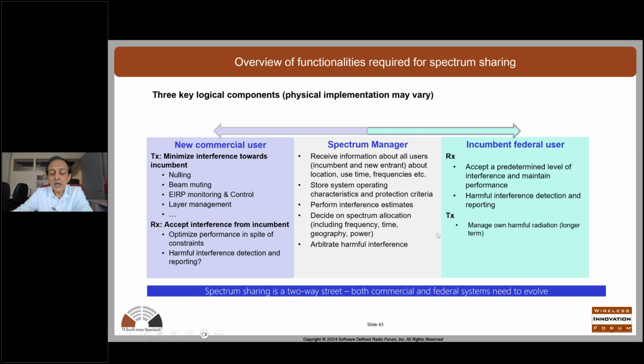So you figure out how to work with that level of interference, even if you are receiving it, because this is already agreed upon.